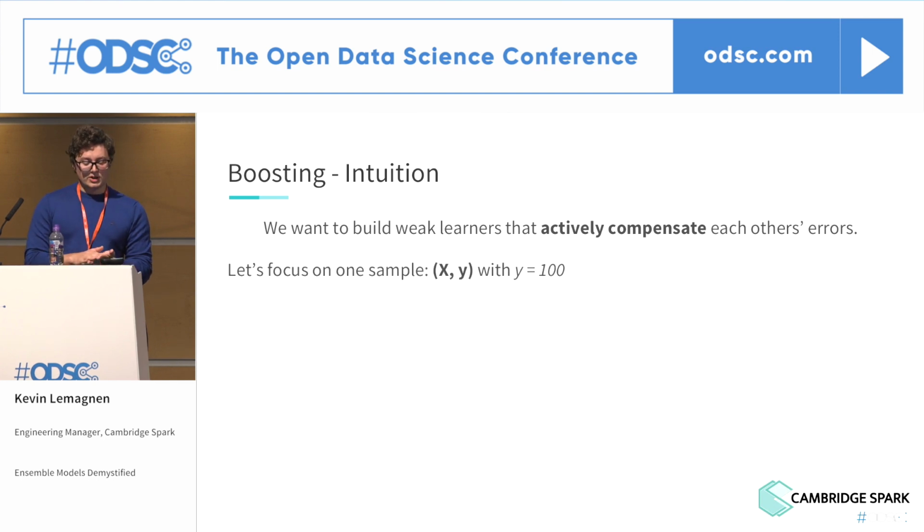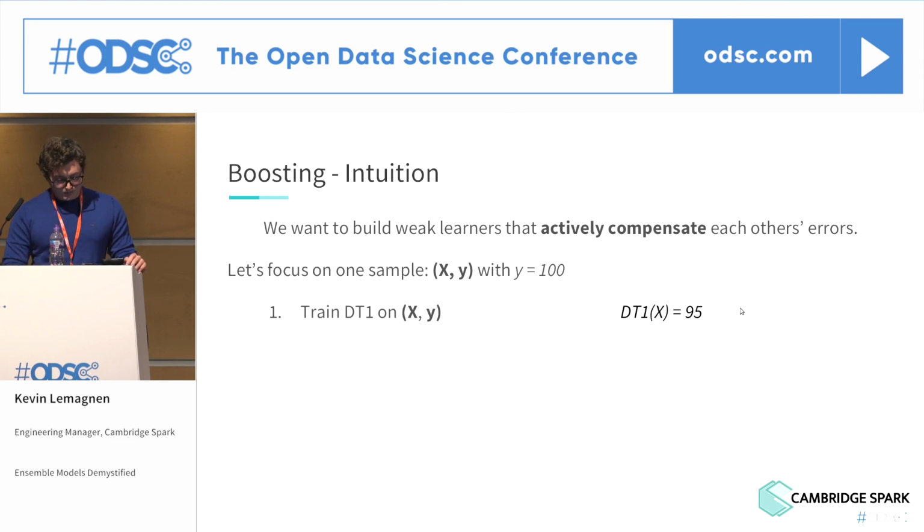So to explain boosting, probably the easiest is to focus on one single sample. If we take one single row x, y, let's say that y is equal to 100 to start with. For boosting, we'll build a first decision tree on our x and our y.